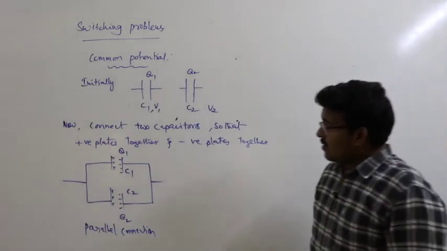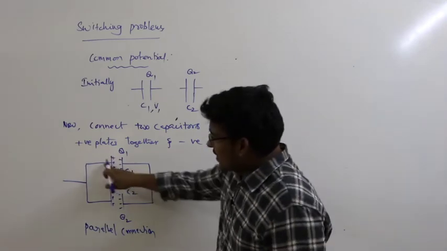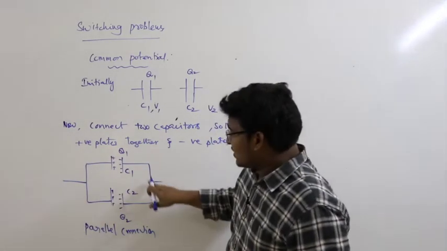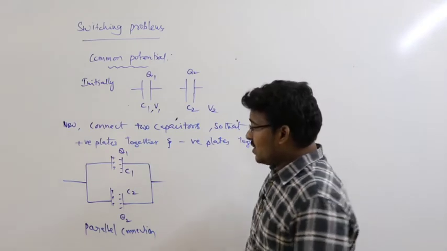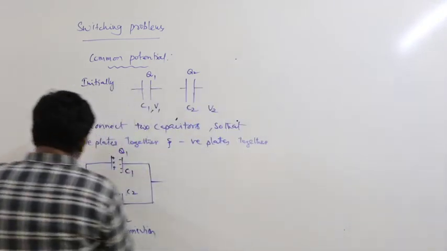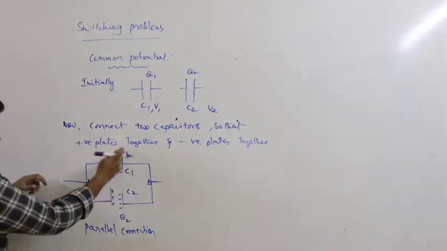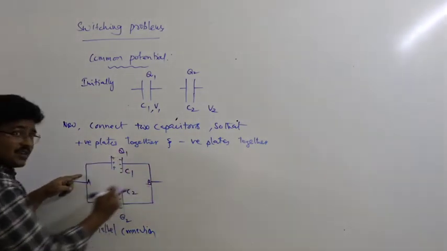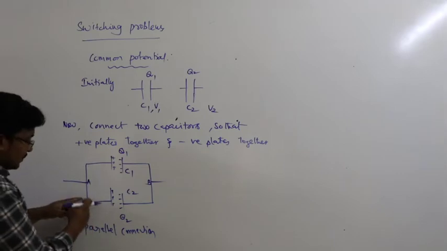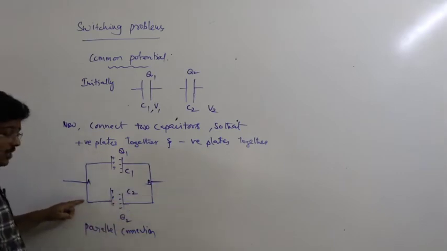So positive ends are together, negative ends are together. Okay. Then there is some potential here and there is some potential here. The endpoints are same, this is A and B I am taking. This capacitor has the same voltage VAB. This capacitor also has the voltage VAB.